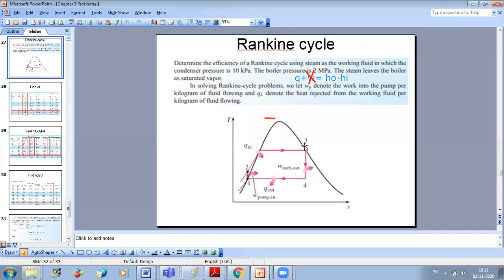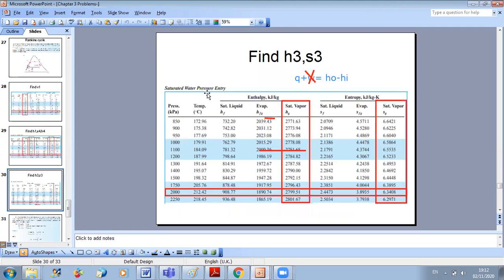So going back to this figure, I have all what I need. I have the pressure 2 megapascal, and I have the state saturated vapor. So I want to take which H now? Hg. Okay. So now I will go to the saturated table of 2 megapascal. When I go to the saturated water pressure entry, I select 2 megapascal, okay?